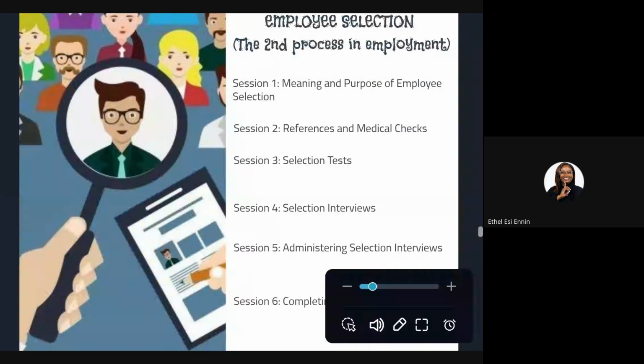Thank you for taking us through referees and medical checks. If there are no questions, can we have someone else take us through Section 3, that's selection tests. This is another form of selection process. All right.